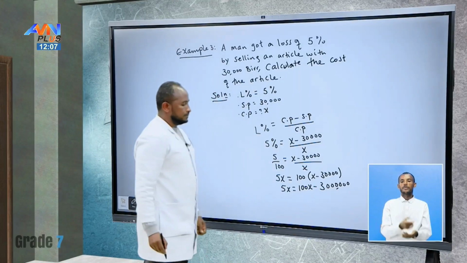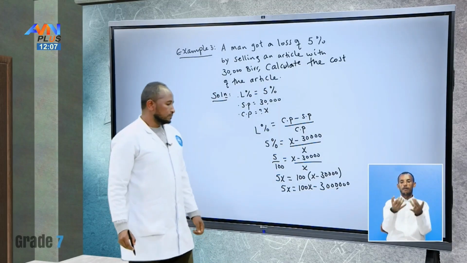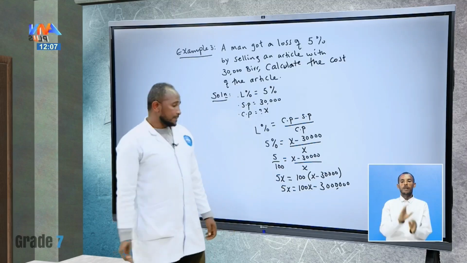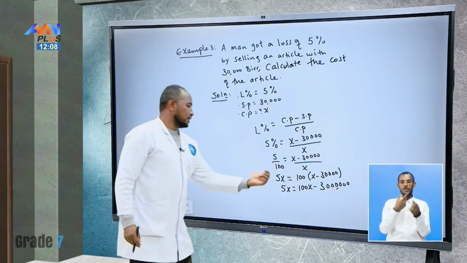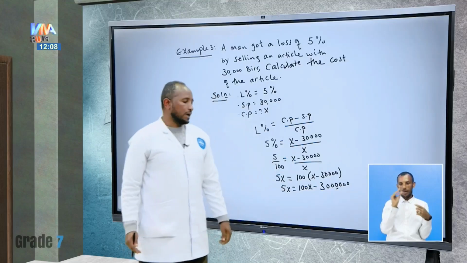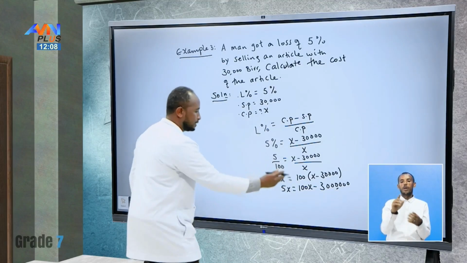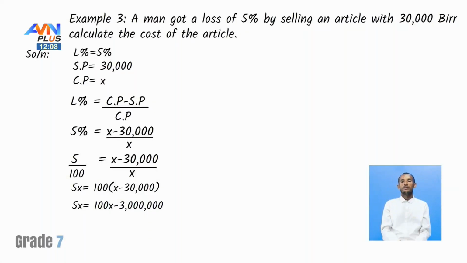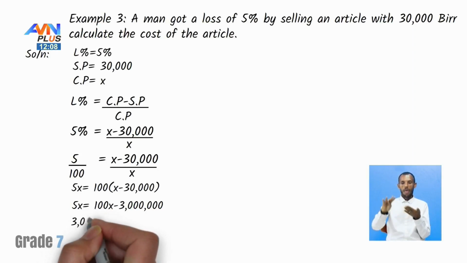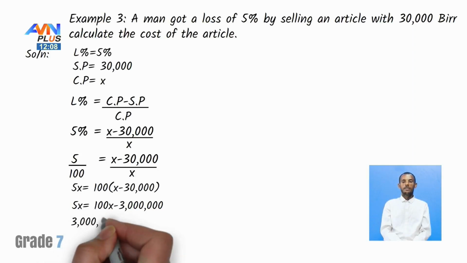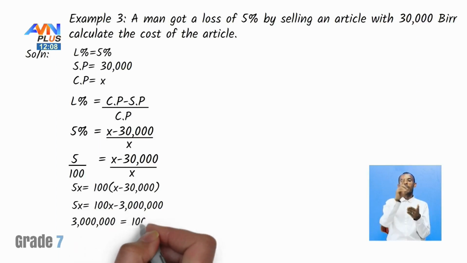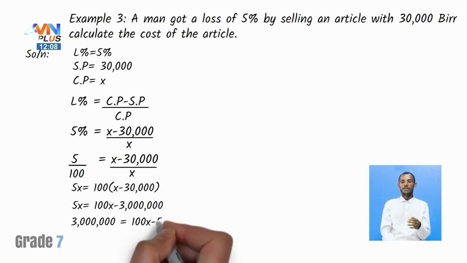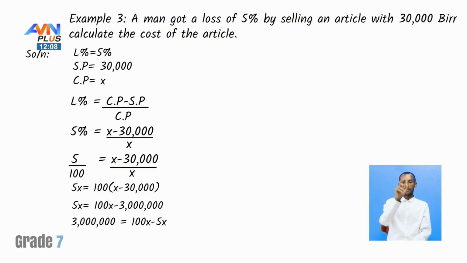That's it. Now, to calculate this, just shift 30,000 to the left and 5x to the other side. So you will have 3 million is equal to 100x minus 5x.